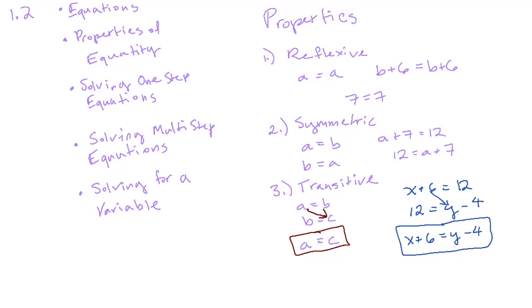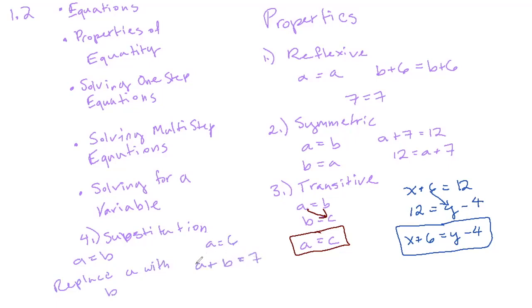The last property that we're going to talk about is substitution. With substitution, basically you're saying that if A equals B, you can replace A with B. So an example of this would be, okay, let's say I said A equals 6, and I said A plus B or something like that equals 7.